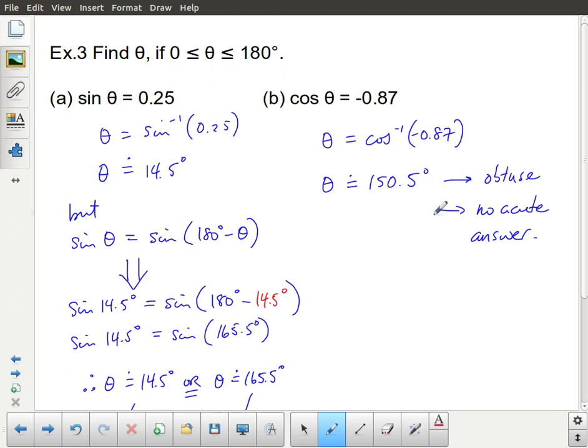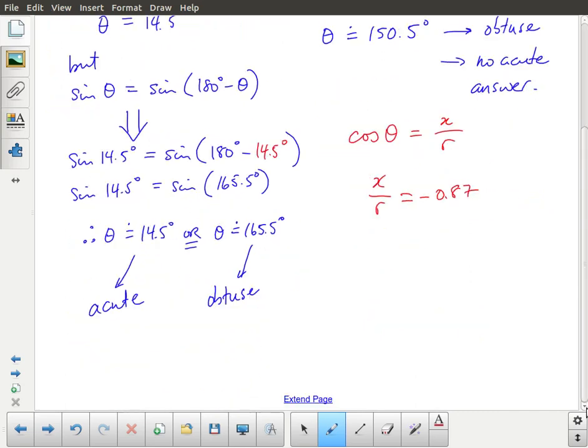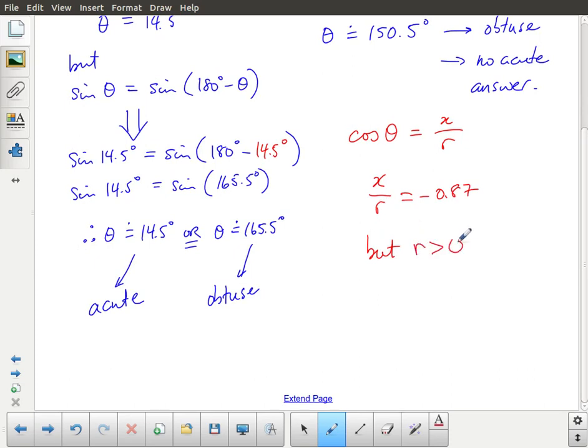Now, why is that? The reason is that the cosine of theta is equal to the x-coordinate divided by r. If cosine theta equals negative 0.87, that means that x over r must be equal to negative 0.87. But what can you always tell me about the r value? The r value is always greater than 0.